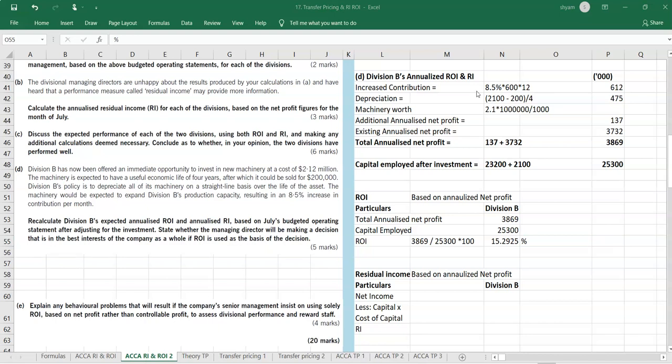A small mistake here. The machinery worth is not 2.1, it is 2.12. So the number would be 2,120, and our depreciation will change. So be careful with the small computations, you might miss it.